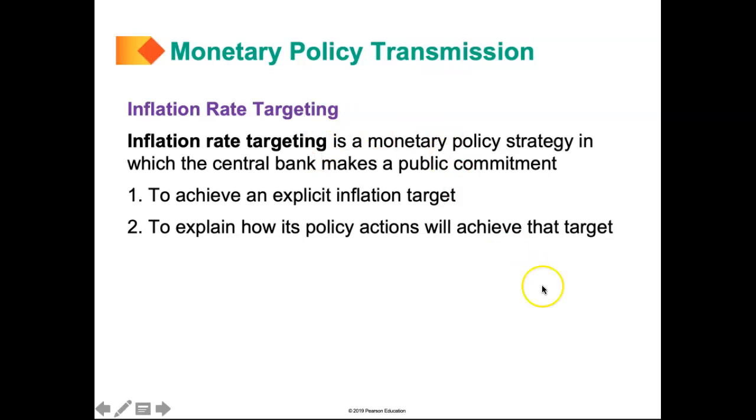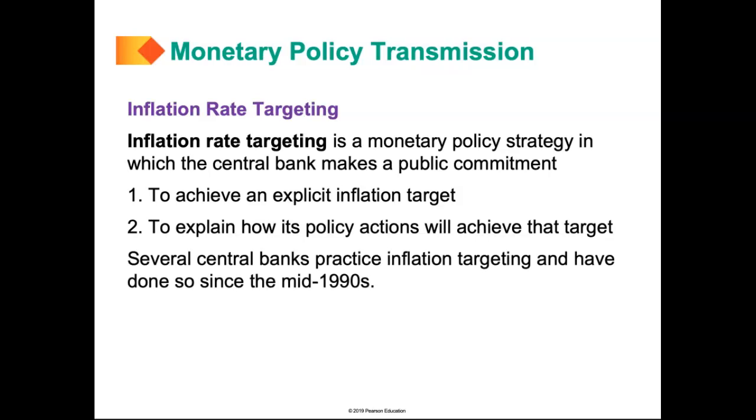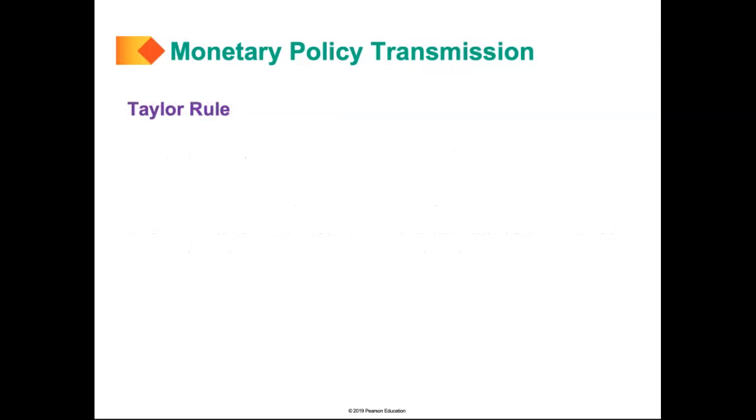Now, the majority of countries tend to use inflation targeting because their central banks are set up just to monitor and control the inflation rate. Inflation targeting has been used by most banks since the early to mid 90s, and most advanced countries like Denmark, Canada, the United Kingdom, and most of the European Union countries use inflation rate targeting, okay? The United States doesn't use inflation rate targeting. It uses what we look at next, which is the Taylor rule.